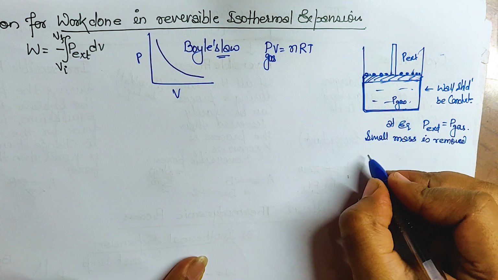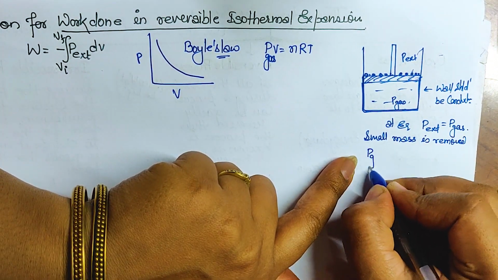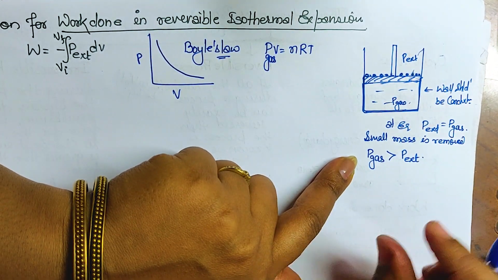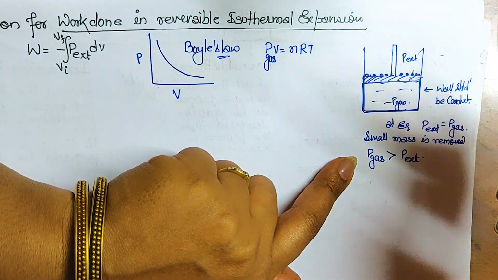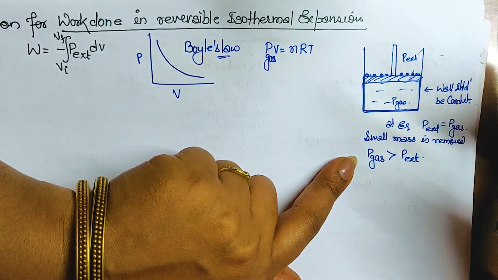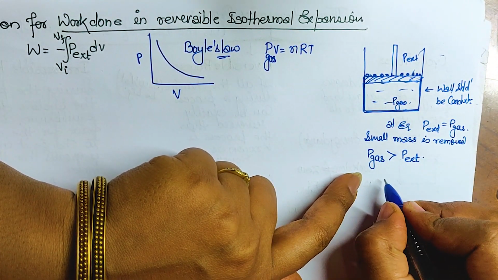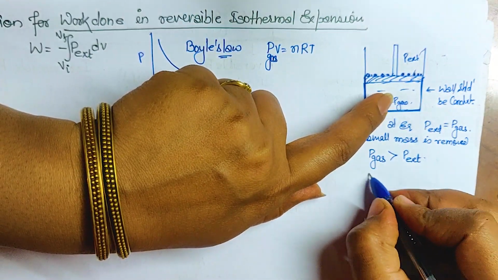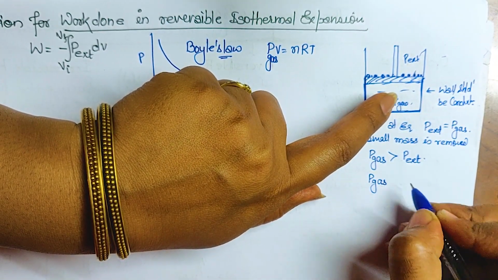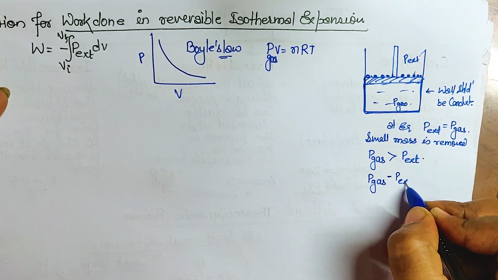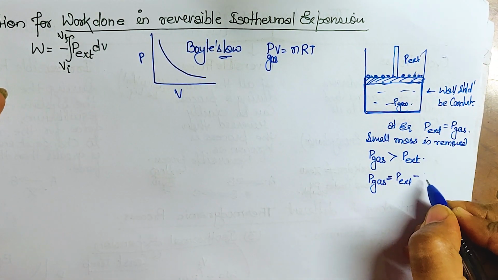So now P gas is greater than P external, because we removed a small mass, and we take its pressure as dp. So we can write that P gas equals P external minus dp.